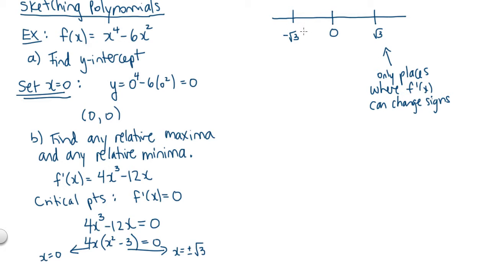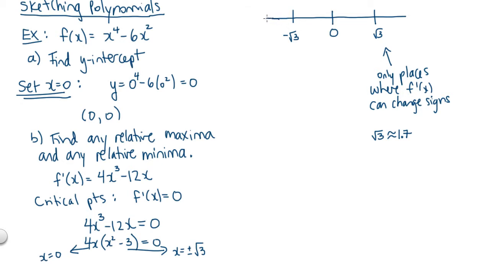So what we're going to be able to do is just test a number in each of these little intervals and figure out the behavior of our derivative. Now, for the purpose of this calculation here, it might help to grab our calculator, and let's notice that root 3 is about 1.7. That will help us figure out which numbers are the easiest to use in each interval here.